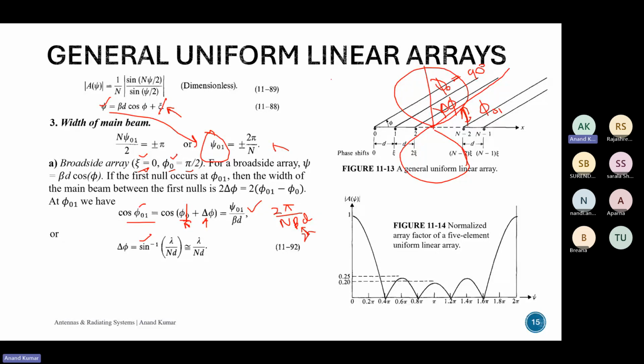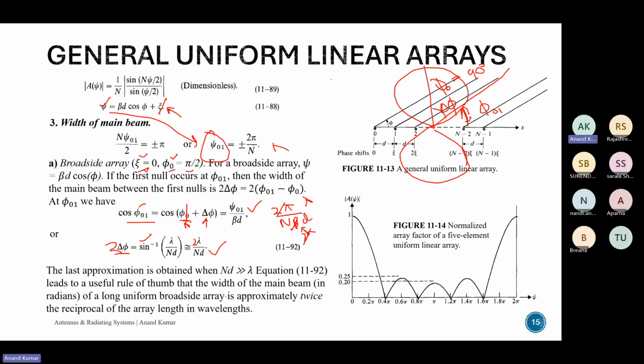Substituting that 2 pi by lambda in the numerator and cancelling the 2 pi, we get lambda by nd. So the width of the main beam for a broadside array is actually 2 delta phi, which will be 2 lambda by nd.